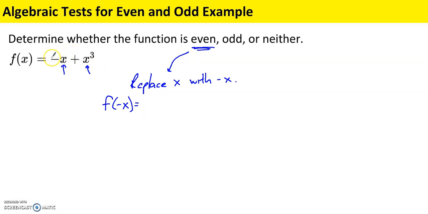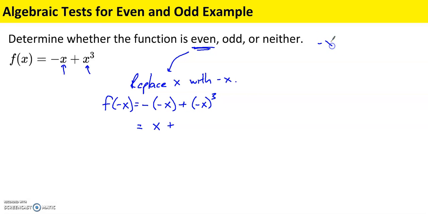So when I see negative x, I need negative the opposite of x, plus the opposite of x cubed. To simplify this, the opposite of negative x is positive x. And then I'm going to add that to negative x cubed.